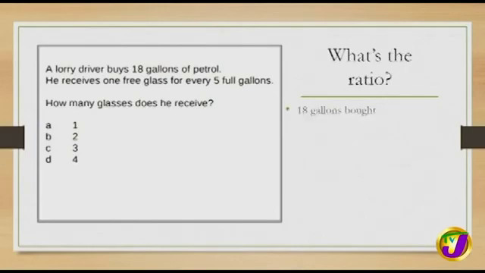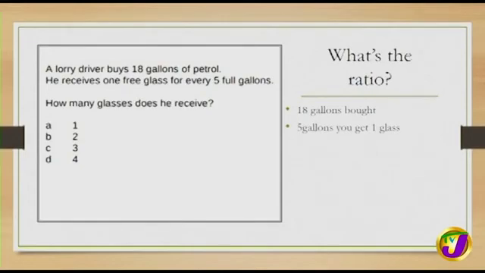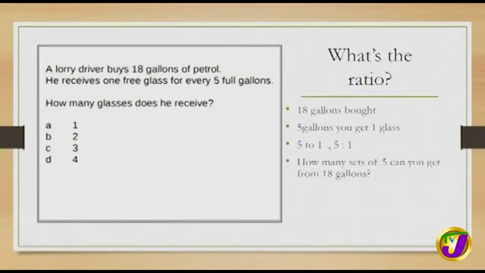We have 18 gallons purchased, and for every 5 gallons you get 1 free glass. So we have 5 to 1, 5 gallons to 1 free glass, and we can write it in either of those 2 formats, with the word 'to' or with a colon. Now, how many sets of 5 can you get from 18 gallons?